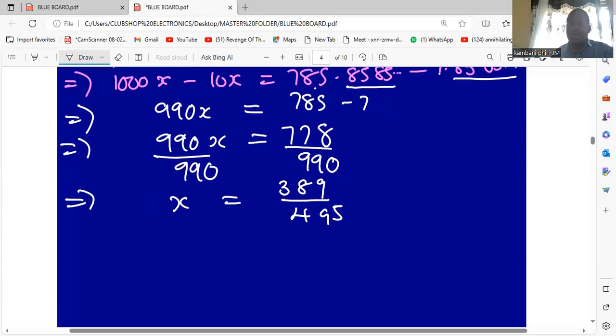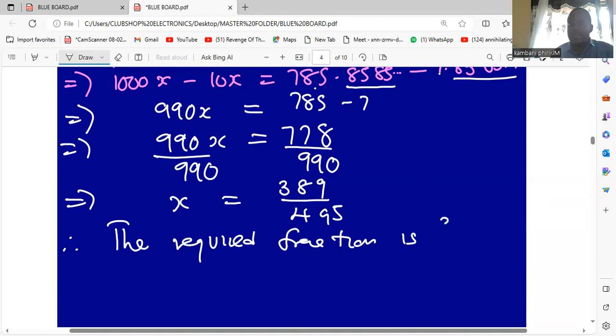This is the required fraction. You can say, therefore, the required fraction is 389 divided by 495. And that's it. That is how we express these as fractions, right?